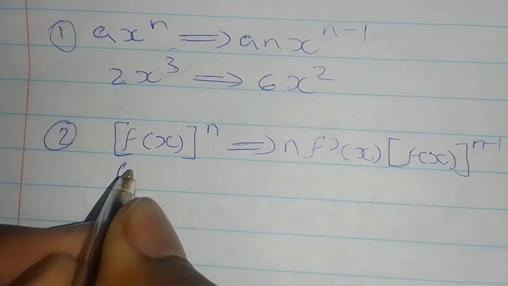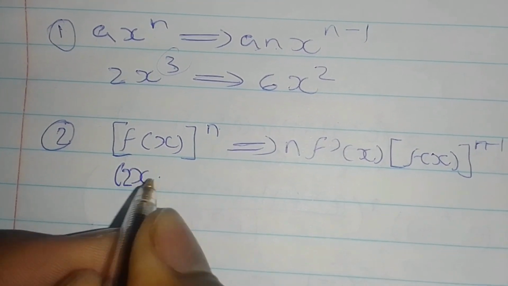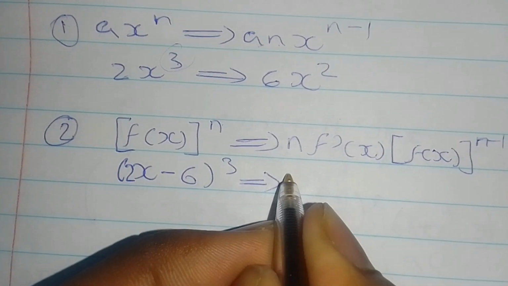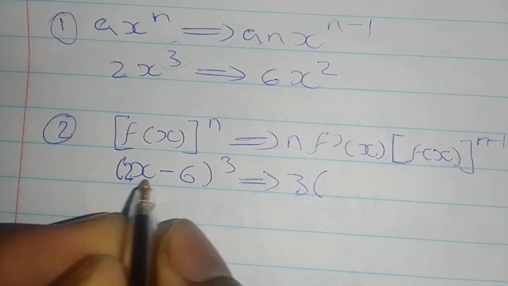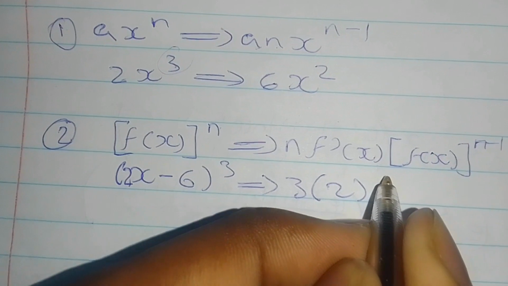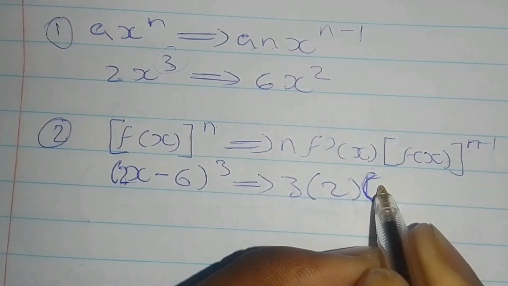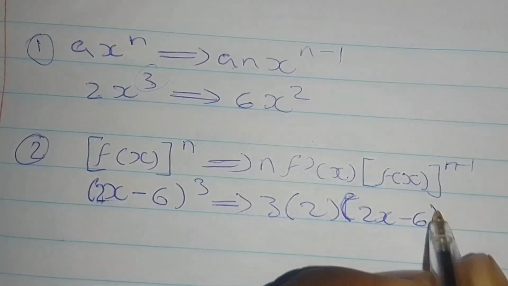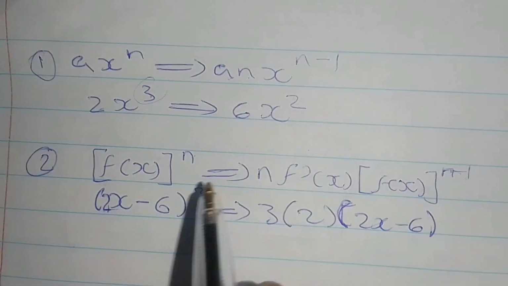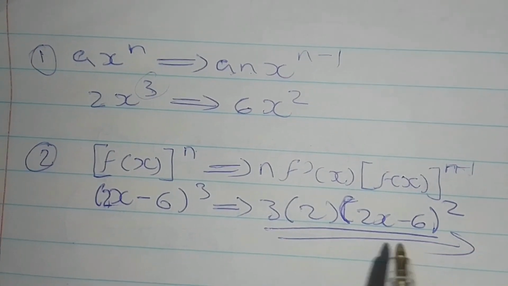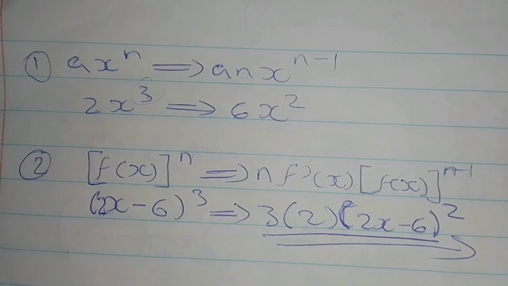What this means is that if you are deriving 2x minus 6 to the power of 3, the derivative of this is going to be 3 multiplied by the derivative of what's inside, which is 2. And then you copy the thing as it is, 2x minus 6, and you take the exponent and subtract 1. 3 minus 1 is 2. That's how you can derive that.